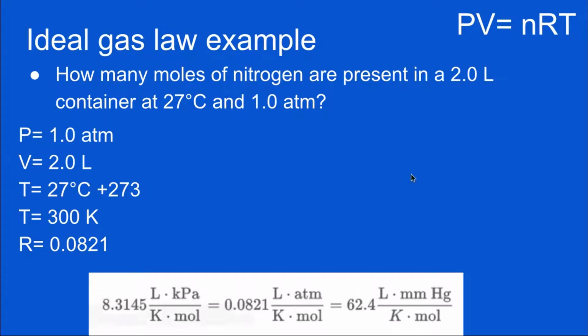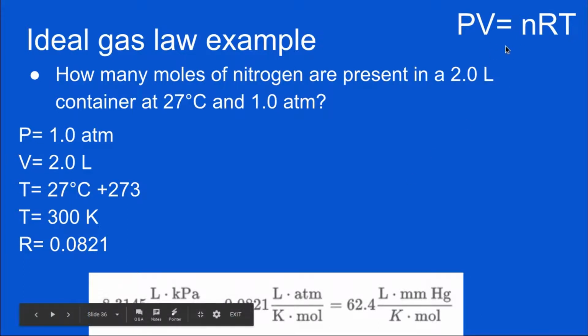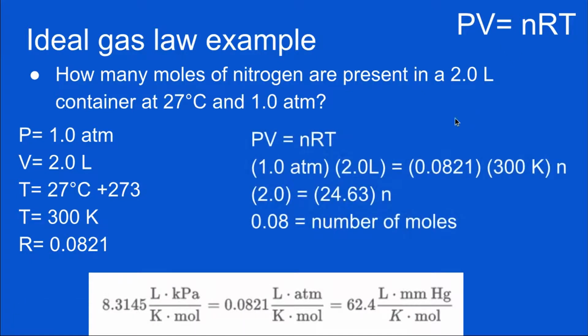All right, so now all that's left to do is that we have our formula, we plug in what we know and solve for the unknown. So when you do that, here's my formula. PV is equal to nRT. My pressure is 1 atmosphere multiplied by the volume of 2.0 liters, and we set that equal to 0.0821, the gas law constant, times 300 Kelvin times our variable n.